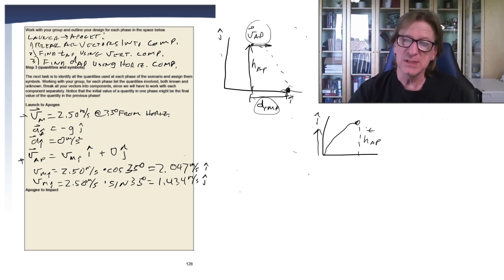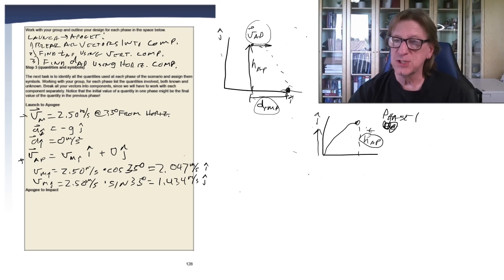Let's make sure that makes sense to you. If I can get my height from the phase 1 side, which is launch to apogee, then that's also this. Now do you see that you could actually get that distance? It's going to take 2 steps to get there, right? I'm going to first need to know, what is my time in the vertical direction to fall? What is that time? Well, that time is also going to be my time to go across horizontally.